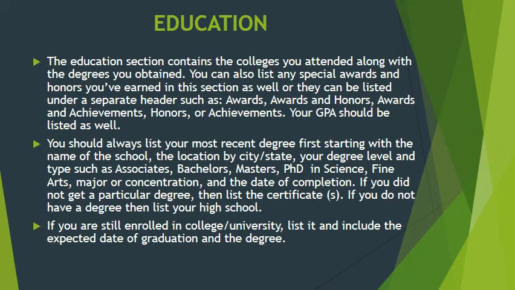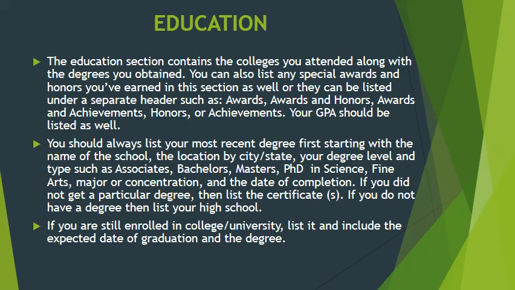You should always list your most recent degree first, starting with the name of the school, the location by city, state, your degree level, and the type such as associate's, bachelor's, master's, PhD, whether it's in science, fine arts, your major or concentration, and the date of completion.